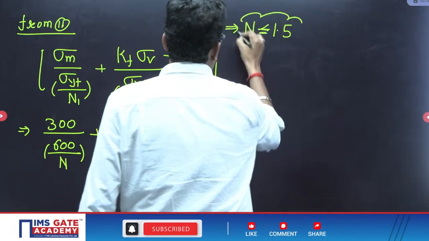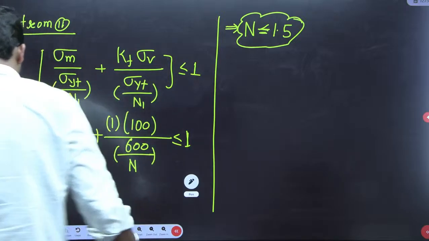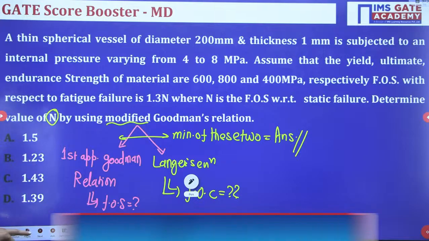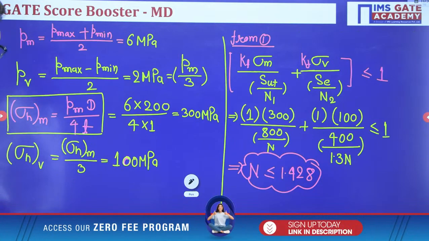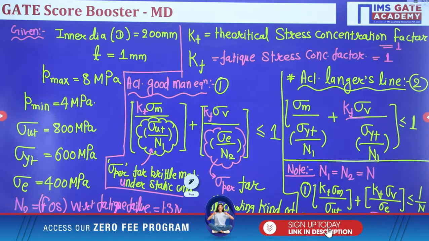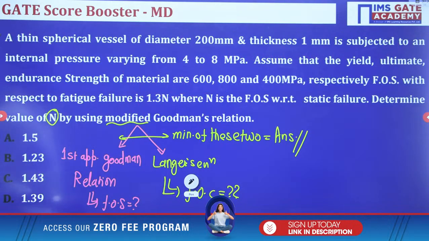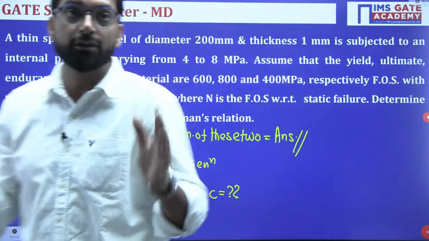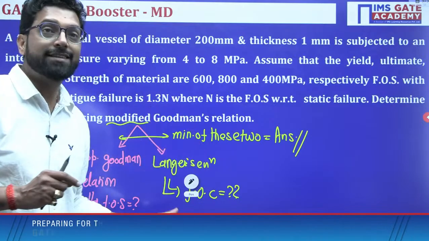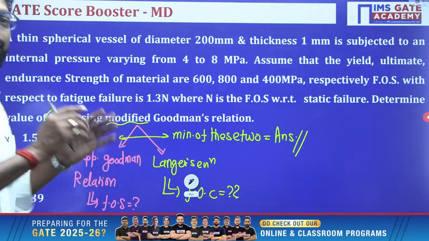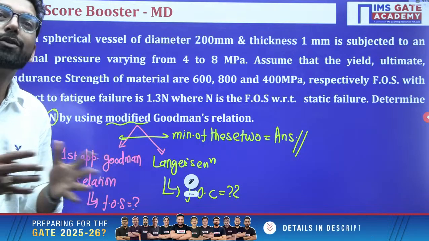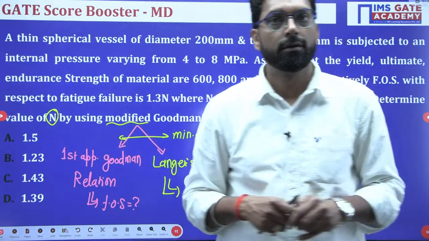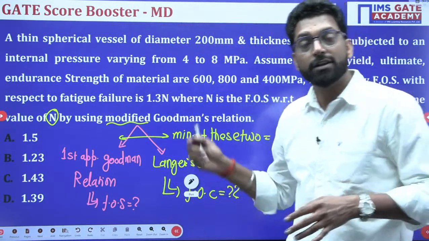See my dear, all the options are given. 1.5 is also given, and 1.428 is also given. So which option is correct? The minimum. Now, if you find the answer to this question according to only the Goodman relation, the answer is wrong, and 1.5 is given as an option. That is wrong. That's why this question is important, because there are 2 factors of safety given.